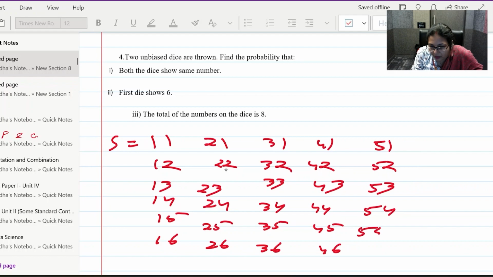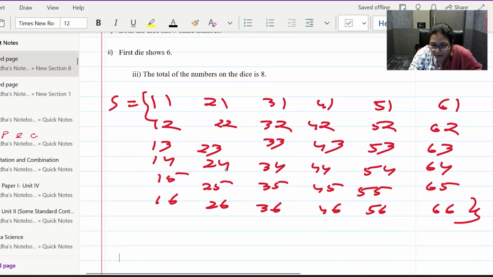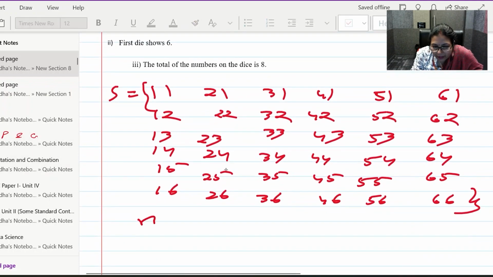We have to continue till 6 6. 6 1, 6 2, 6 3, 6 4, 6 5, 6 6. So total how many numbers are there? There are 36 numbers. So n will take the value 36 here, because 36 points are there in the sample space S when you are throwing two dice.